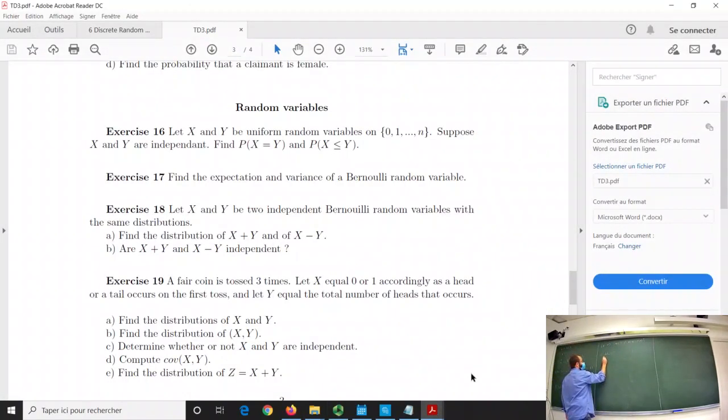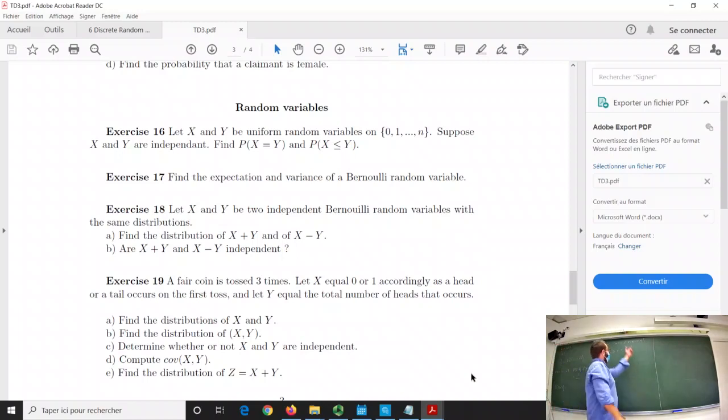So, disjoint union from k equal to 0 to n of X equal to Y equal to k.